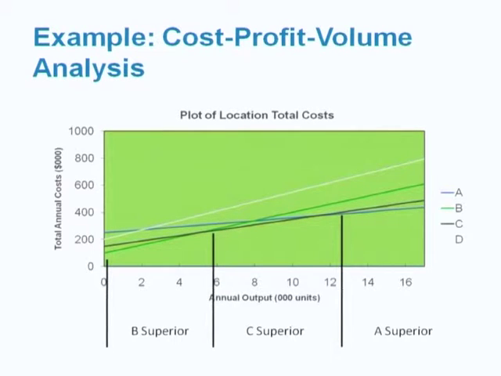The second range, between 5,000 and 13,000 units of output, alternative C is the best. And beyond 13,000, alternative A is the best in terms of cost.